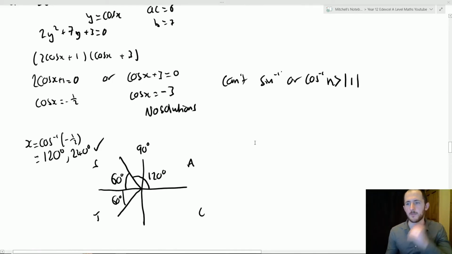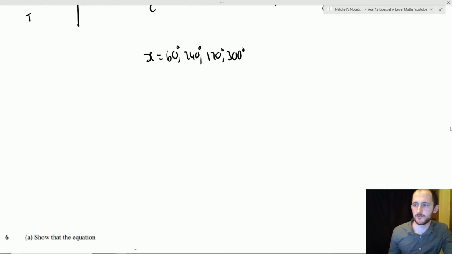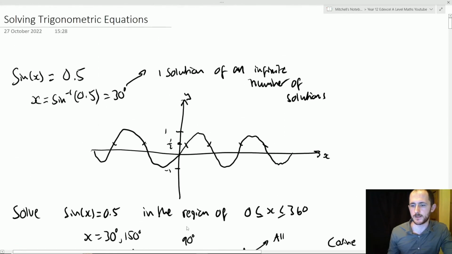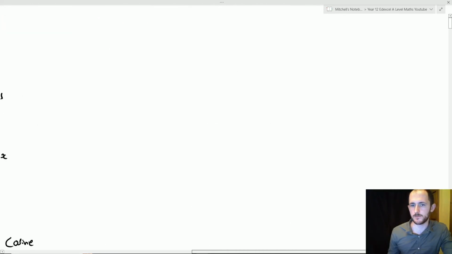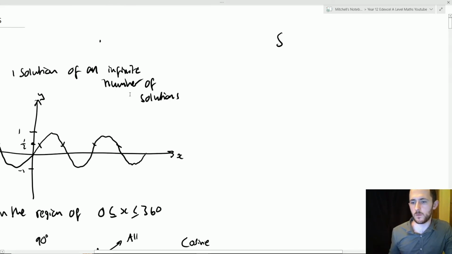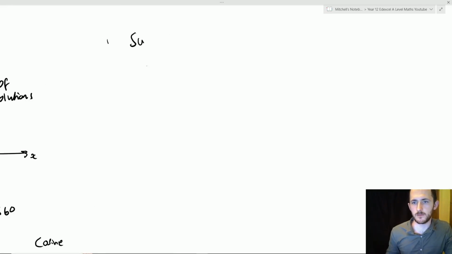In terms of the CAST diagram, that's basically as difficult as it gets. The key things to remember, if we do a little summary now: negative angles are clockwise.